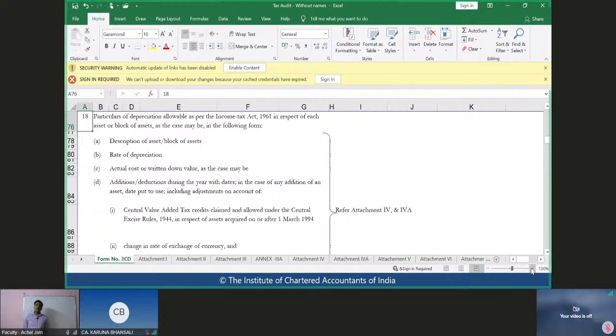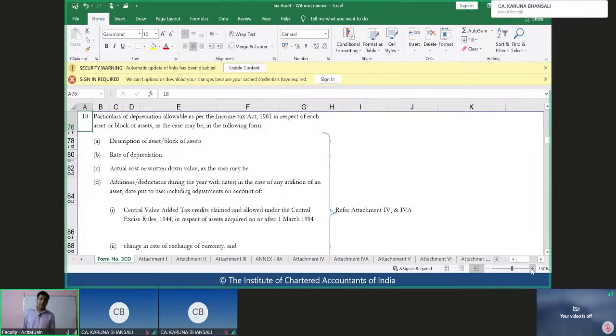So if you look at the annexure or the attachment, which will go as per the requirements of clause number 18, at times it may be running into hundreds of pages because there could be so many items which may be included in the fixed assets.